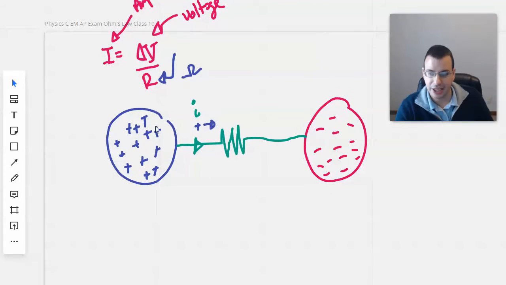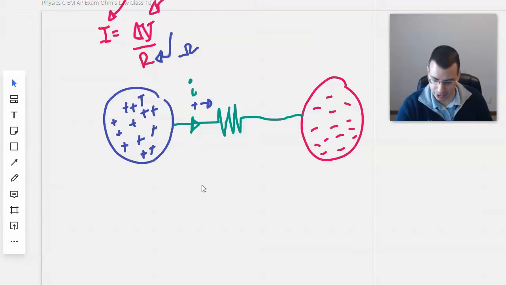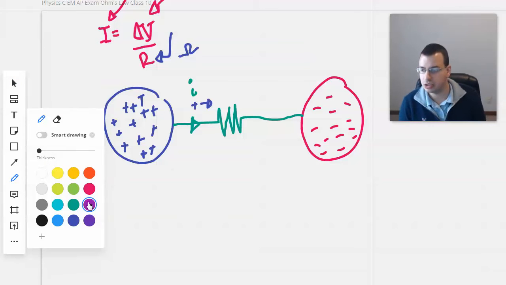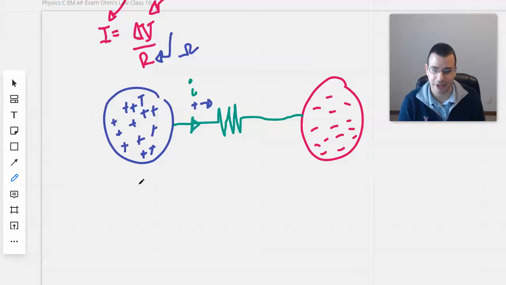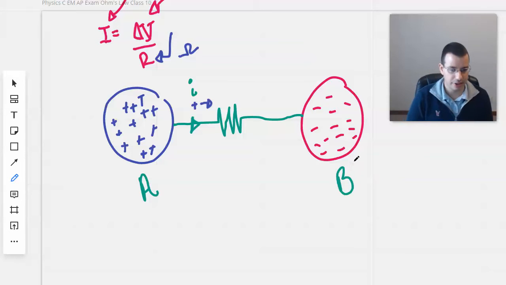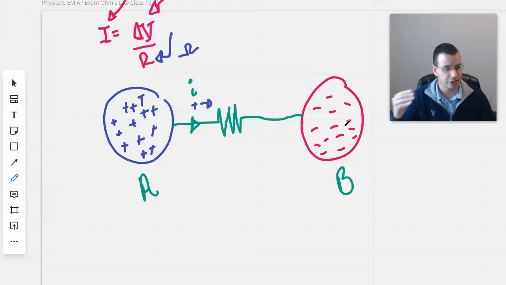So we have this example, and I'm going to rewrite this slightly. We're going to look at this a little bit differently. So we'll call this side A, which is a whole bunch of positive charges. This is B, a whole bunch of negative charges, and the positive charges want to move over to the negative charges. And they'll basically come together and more or less cancel each other out.